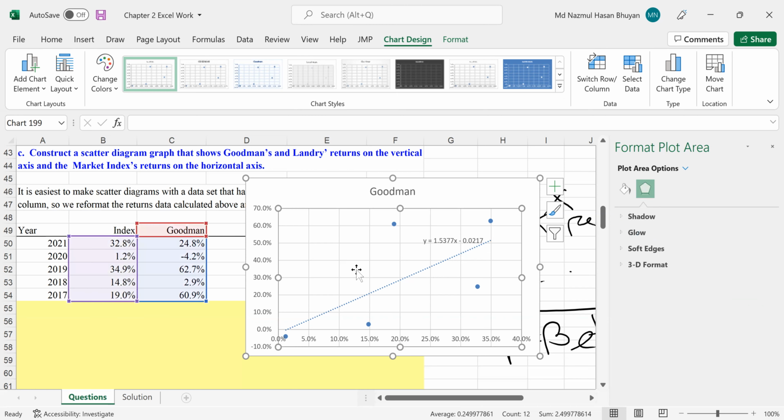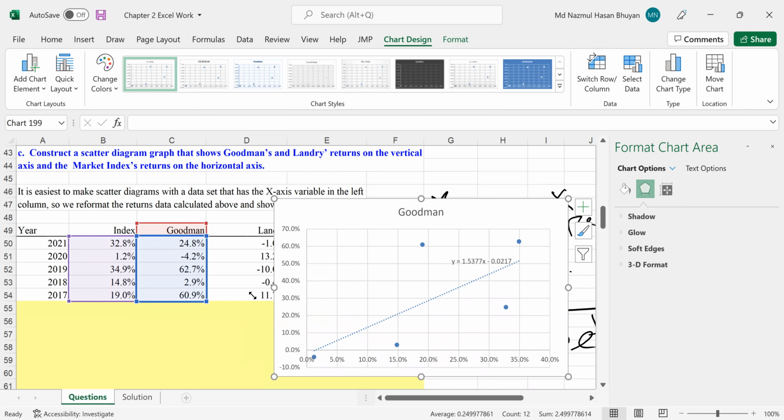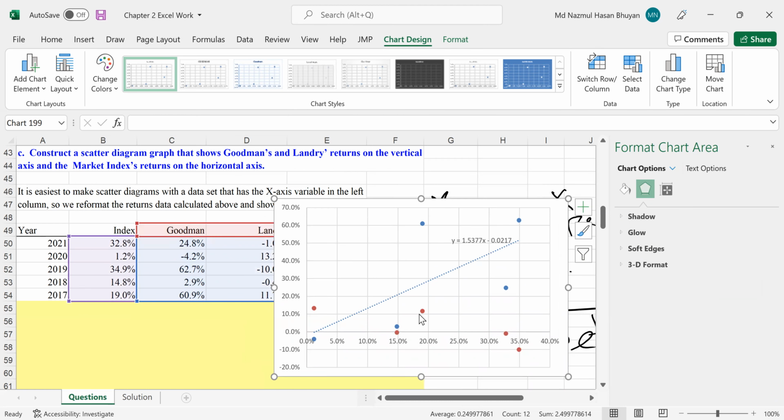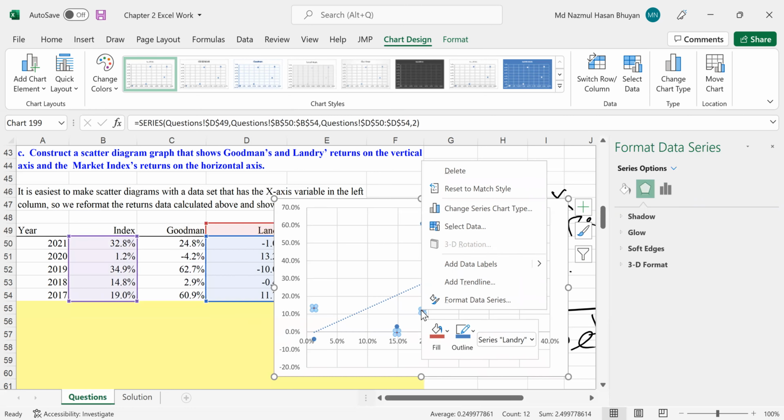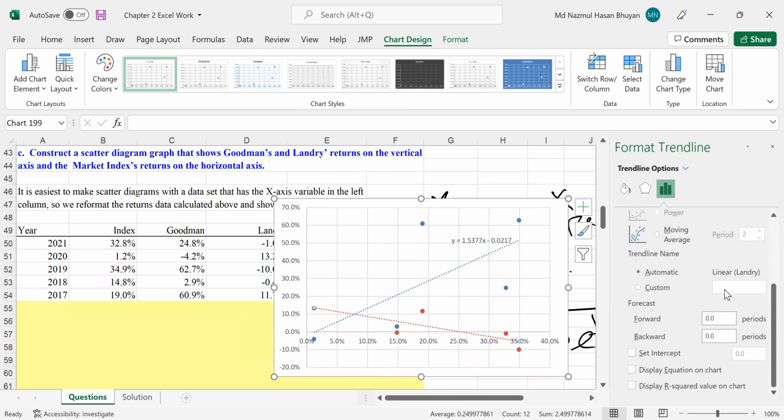Okay, now let us draw the scatter plot for Landry too. Okay, so we are going to just extend it to Landry. Now you can see scatter plot for Landry, and choose any point for Landry, and then again using the right button of your mouse, choose add trend line, and then again from the format trend line drop down menu, choose display equation on the chart.